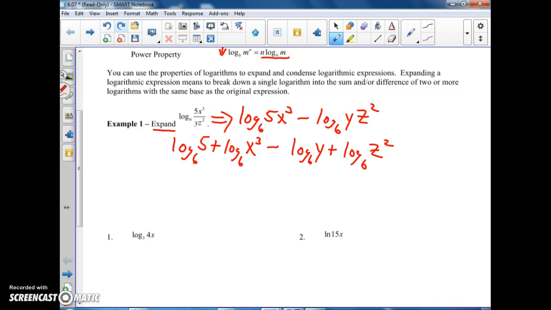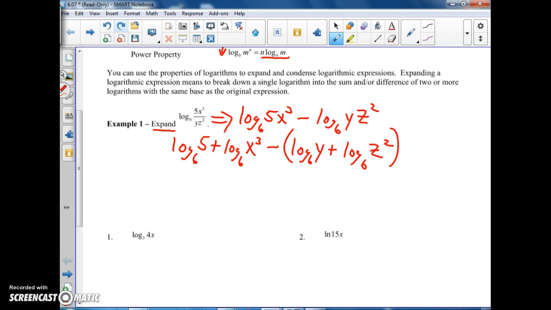All right, now let me ask you this. When you read this, you see this right here is being divided by what? All of this, right? Because it's divided by not just this here, but also this guy over here, you're going to put parentheses around it, because I'm dividing by both of those, not just one of them.